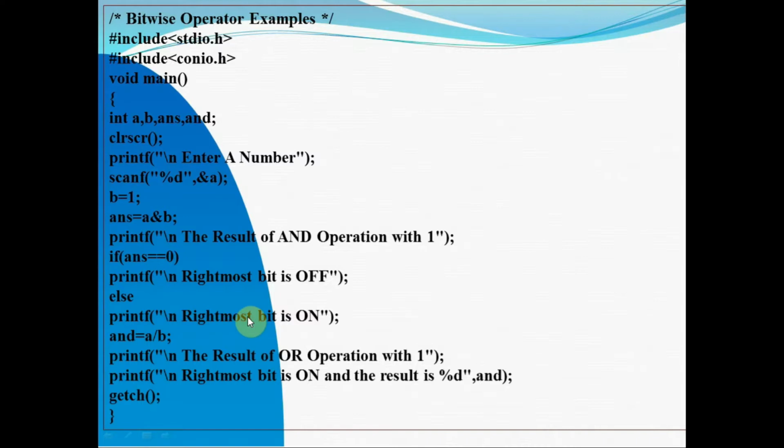Otherwise, the rightmost bit is on. Then the variable equal to a divided by b. After calculating the value, the result will be stored in the variable. The result of the OR operation with 1. The rightmost bit is on and the result is the AND value, that is the a and d values.